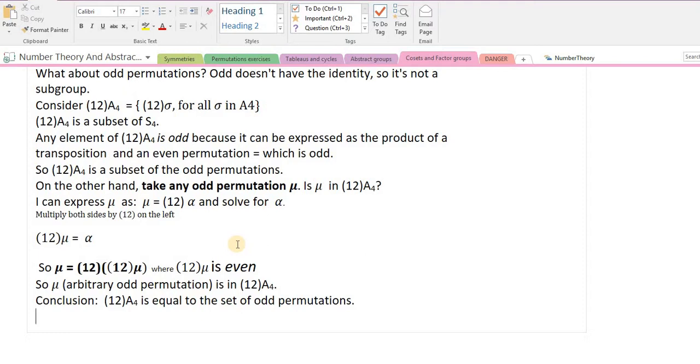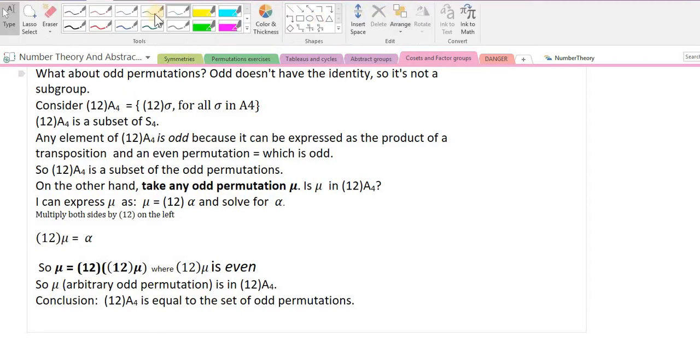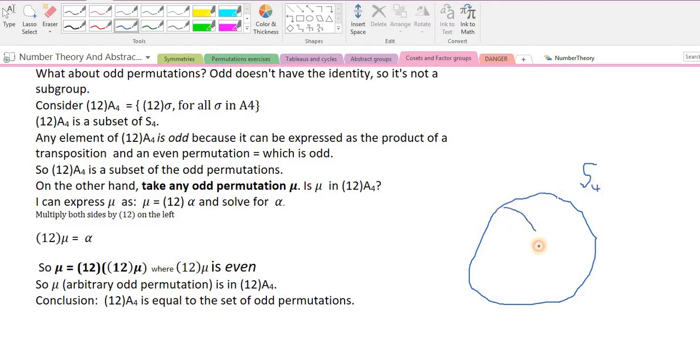Okay. Now, question. How many cosets does A4 have in S4? Right. So I'm going to try to draw a bad picture here. Here's my S4, and then here I have A4 sitting inside.